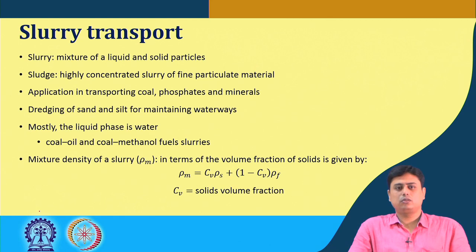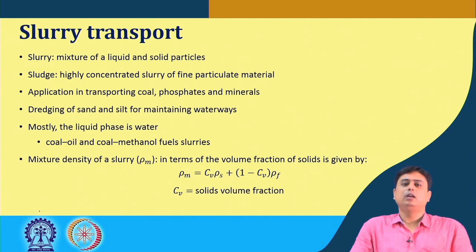Now it has immense applications in various areas of mineral transport. For example, coal, phosphate, and all these industries, when they try to transport these coal particles from one place to the other, this kind of slurry transport is useful.